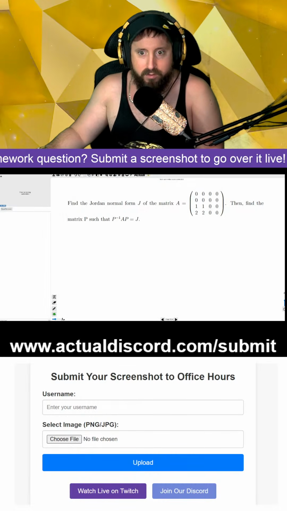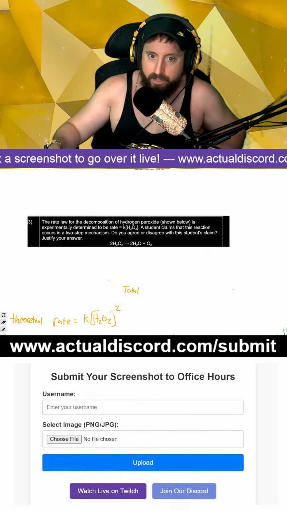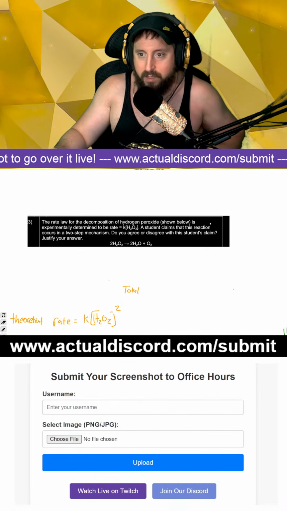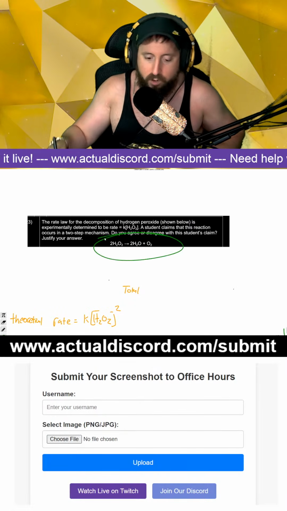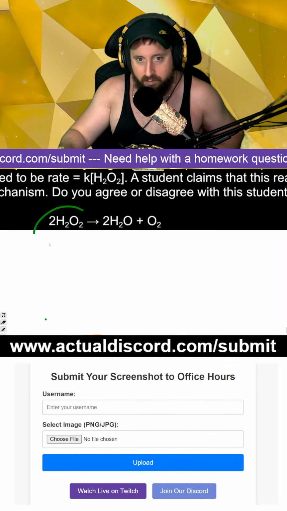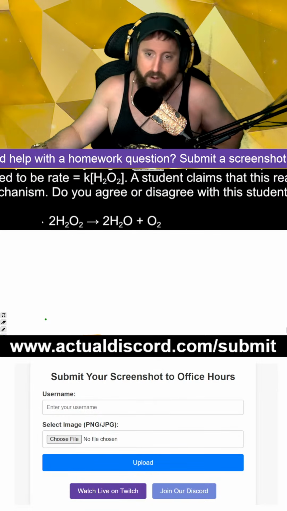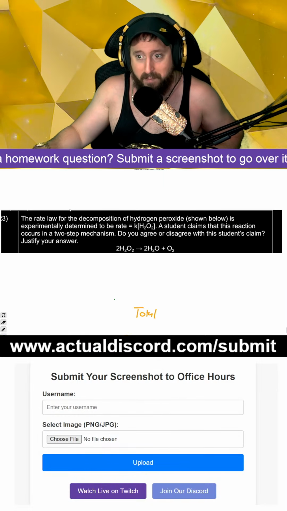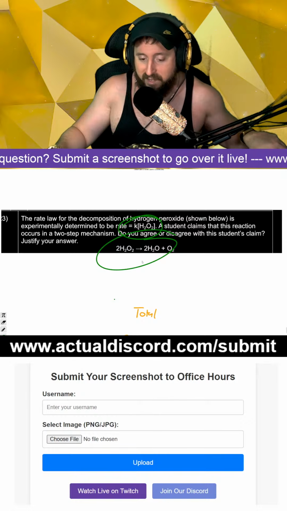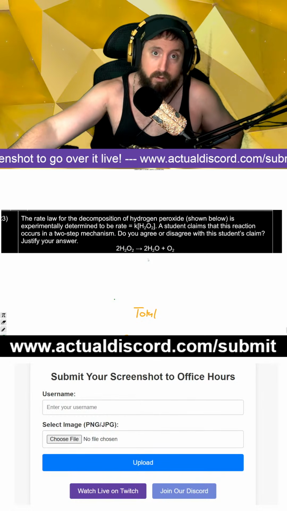Which is what the question asked, right? They said if the reaction here was elementary and a one-step reaction, then it would be the coefficient. It would be squared. But because it's experimentally determined to be first order, that doesn't match up. So you can just say, yeah, it doesn't work. Cool. All right, nice. Good question there.